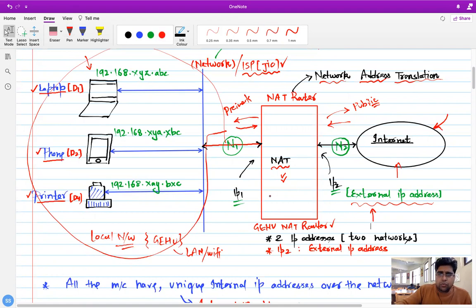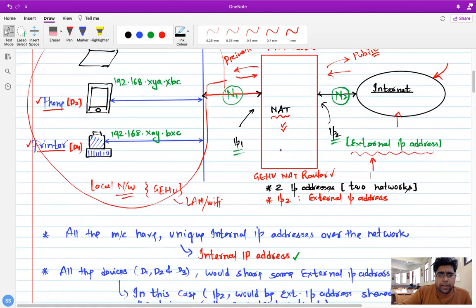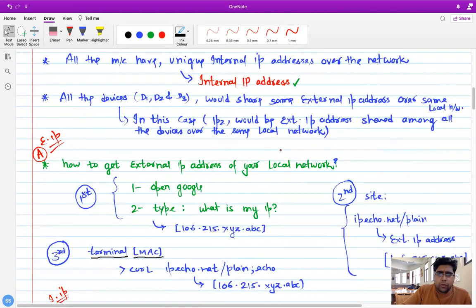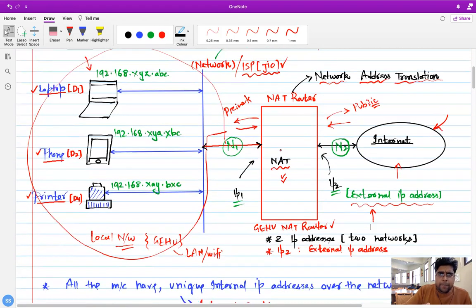Okay, so this is the overall working of NAT with the internal and external, or private and public, IP addresses. So the question is, first let's understand how to get these IP addresses, how to get this external IP address and how to get this particular public IP address.